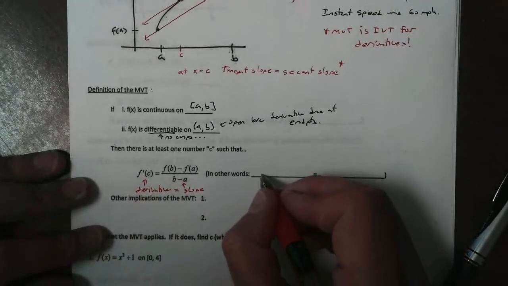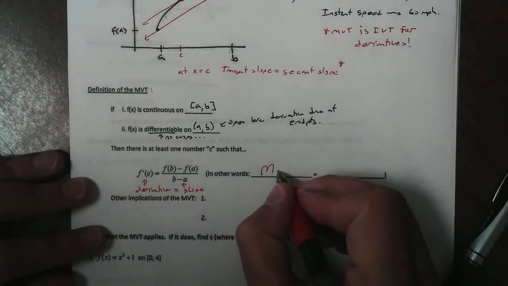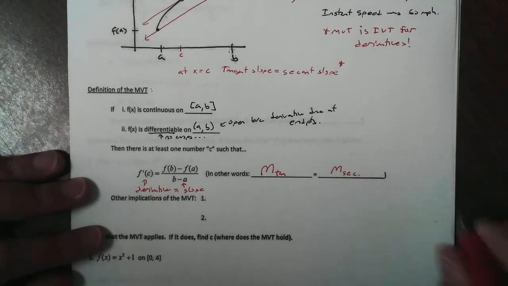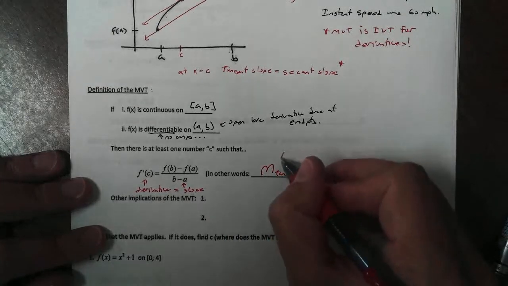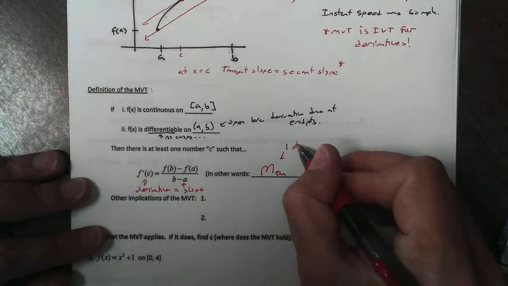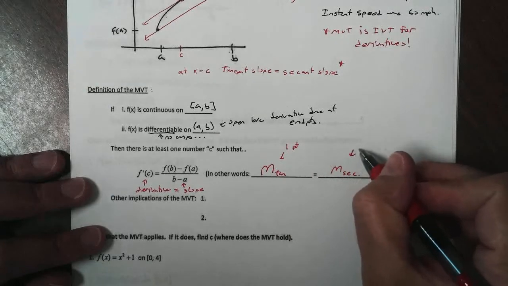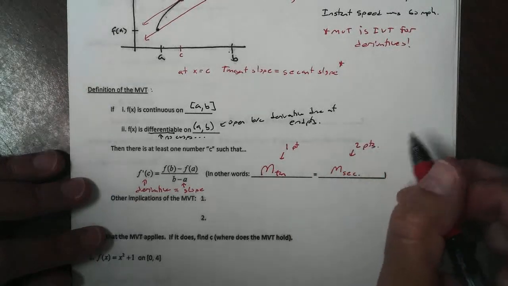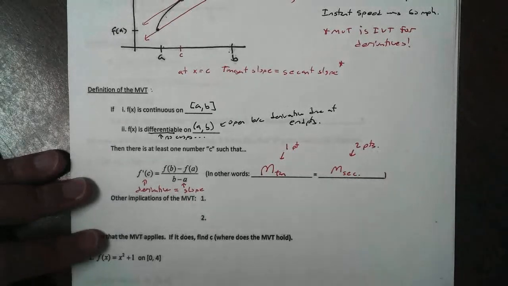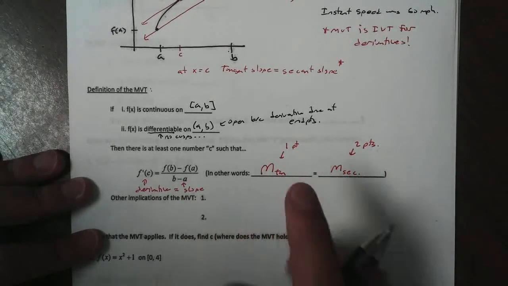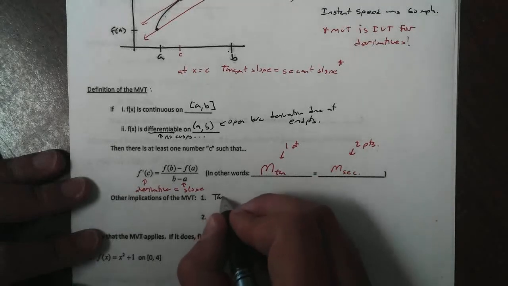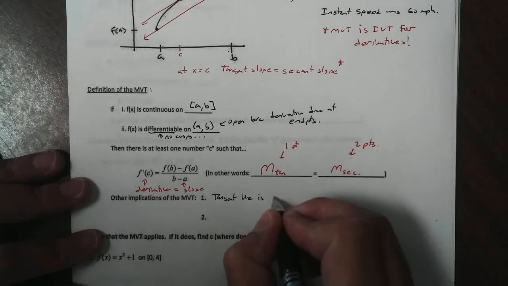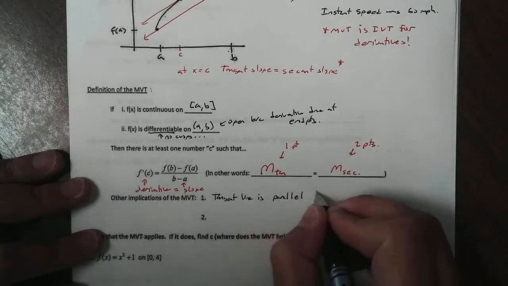That's just my slope formula. In other words, the slope of the tangent line equals the slope of a secant line. And you might remember, a tangent line is the slope at one point, and the slope of a secant line needs two points. Another implication of the mean value theorem is that the tangent line is parallel to the secant line.